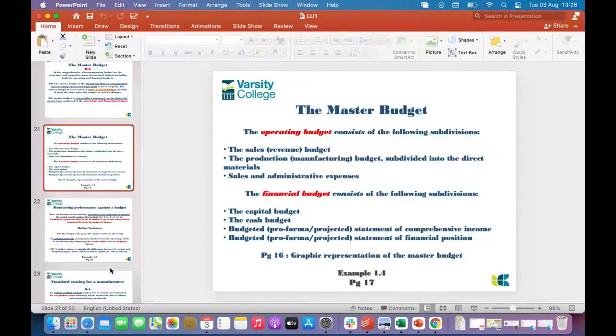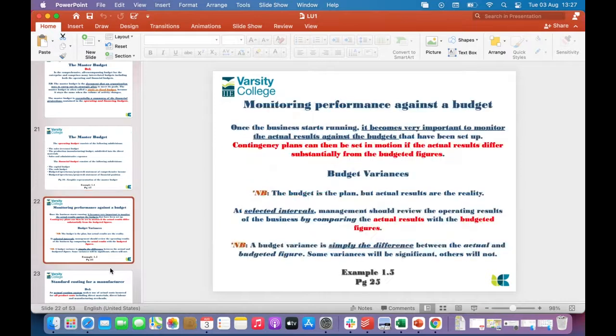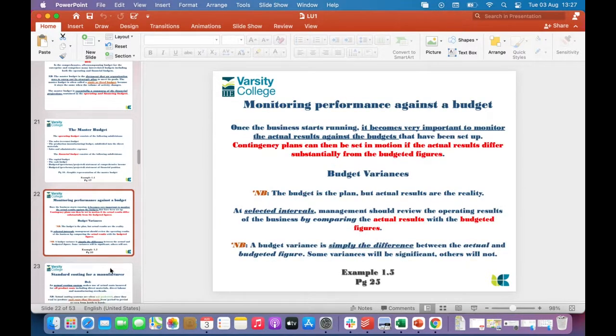Those budgets are all subdivisions of the operating budget. Then the financial budget consists of the following subdivisions: your capital budget, your cash budget, then your statement of comprehensive income or income statement budget, and then your budget of financial position or balance sheet budget. You can see those in your textbook under example 1.4, so you can have a look at that there.